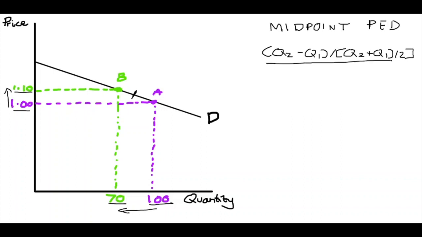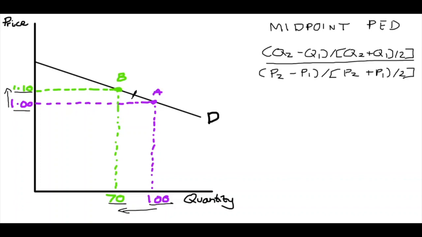We divide all of this by the equivalent for price, so again we open up our bracket, put in P2 here minus P1, divided by, open up our square bracket, P2 plus P1, divided by 2, and close up our bracket. So we have our formula here, which involves a bit of extra math over here on the right hand side, where we're getting the average quantity and the average price.